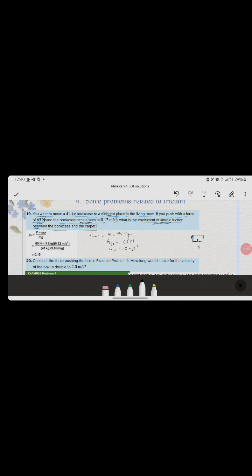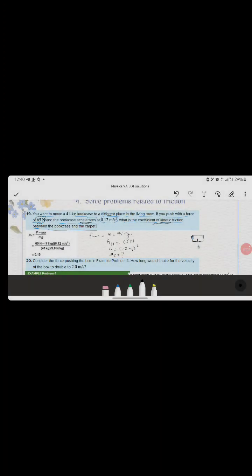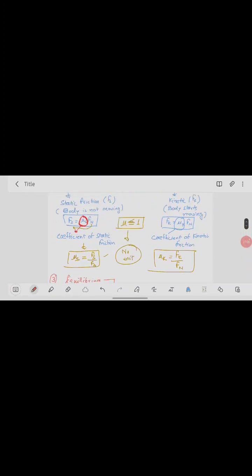They are asking you for the coefficient of kinetic friction, which means they are asking for mu k. So first of all, you have to define mu k. What is the formula of mu k? If you go back, I explained the concept of friction.